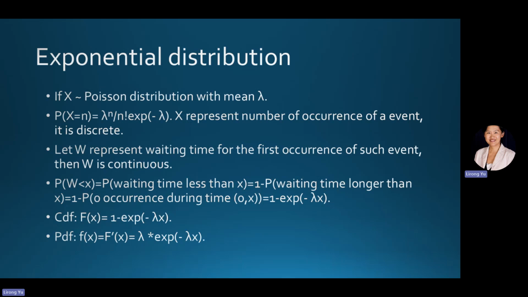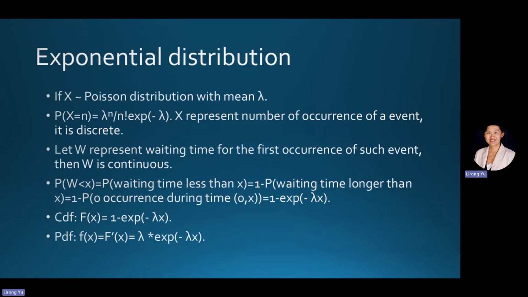So we're going to calculate the probability that the waiting time is less than X. What does that probability mean? When the waiting time is less than X, that means between time 0 and time X, there's a 0 occurrence, because you have to wait so long.